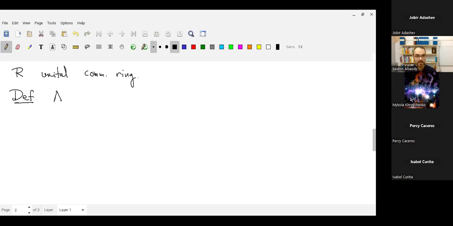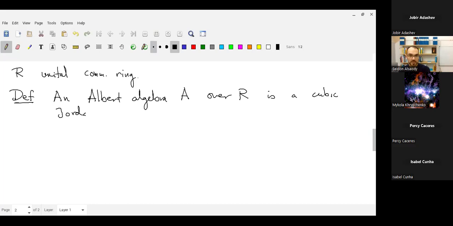So an Albert algebra A over R is a cubic Jordan algebra. I will explain a bit what cubic means.